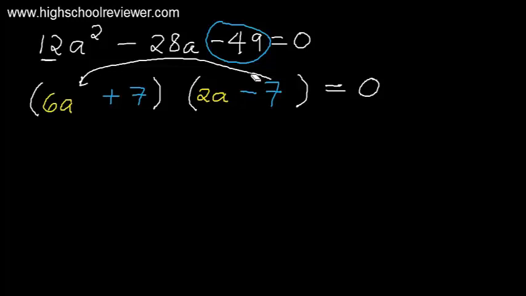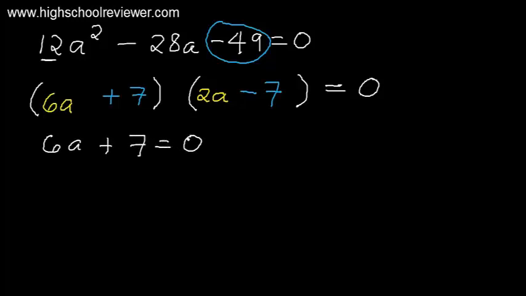Okay, let's erase this first. Now, to solve for the value of a, we have here 6a plus 7 equals to 0, and here 2a minus 7 equals to 0.